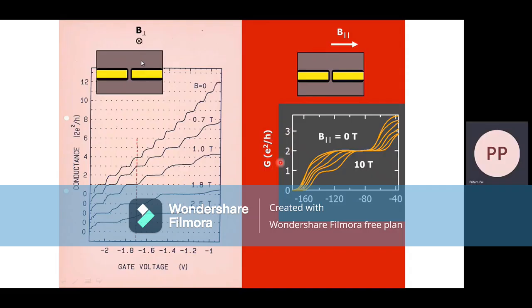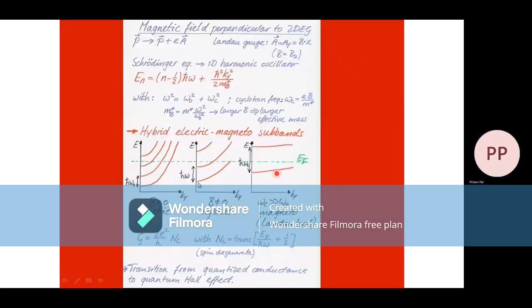But the size of the plateaus, the positions of all these traces are essentially unmoved. So the effect of a perpendicular magnetic field can be accounted for by adding another energy term to the Schrodinger equation. I mean, by adding a term that corresponds to the cyclotron frequency, right?